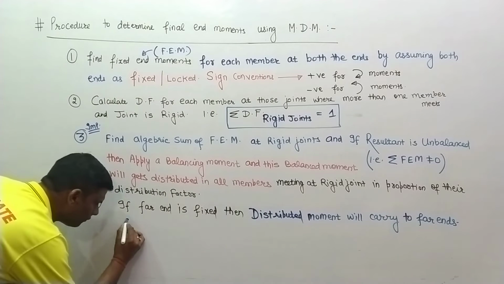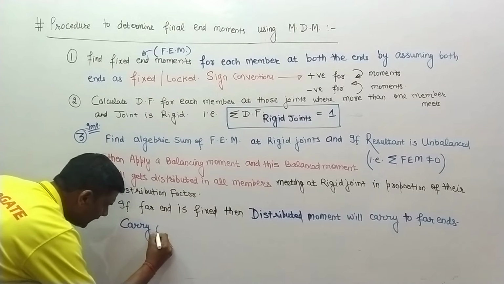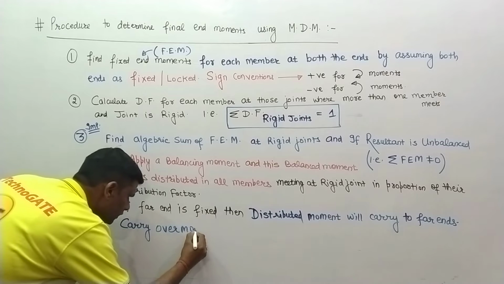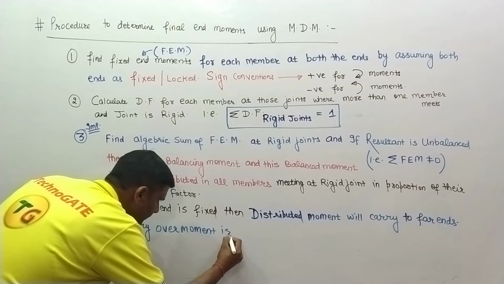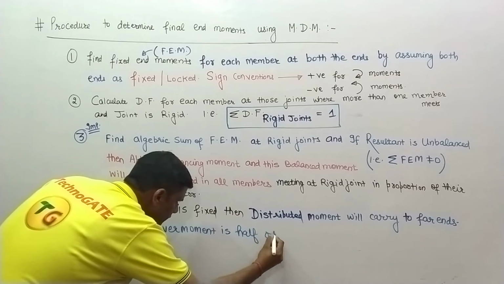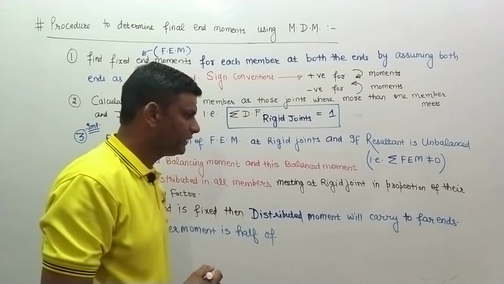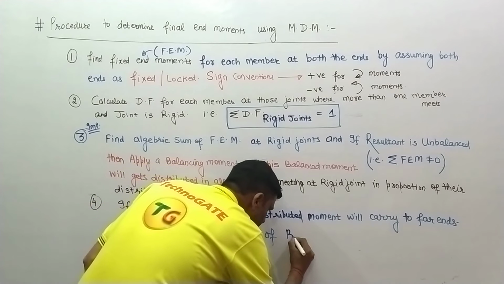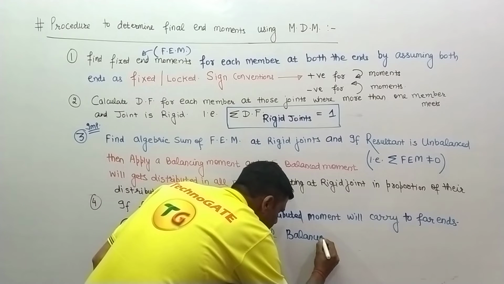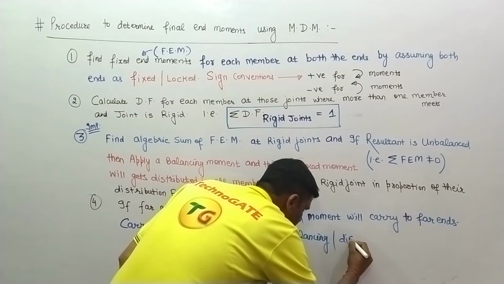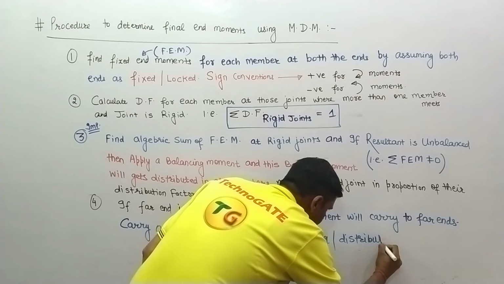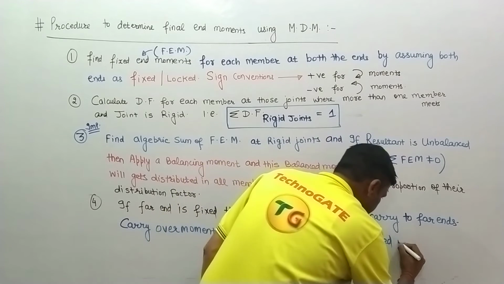Carryover moment is half of the distributed moment or the balancing moment.